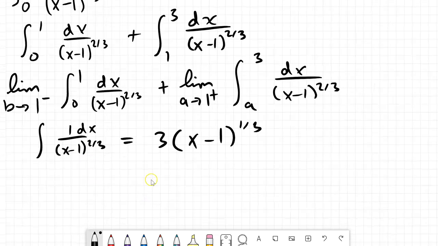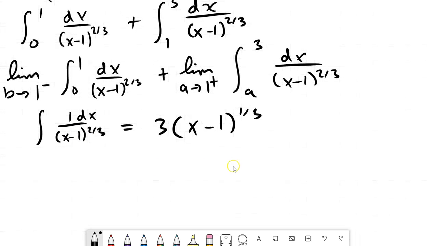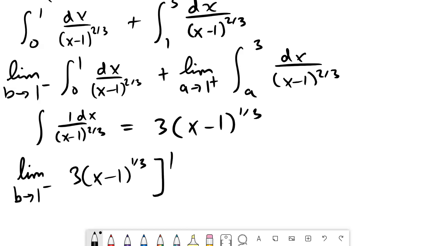So now we can actually look at this integral. We broke it into 2 parts, and we know what the integral is. So let's just start evaluating it. That very first term is the limit as b approaches 1 from the left side of, since I already know the integral here, precisely this, but not from 1 anymore.